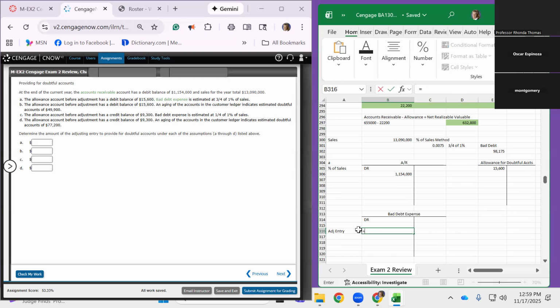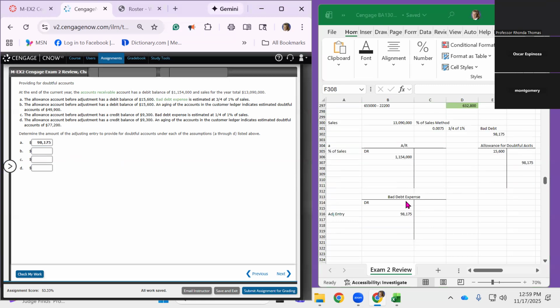So we found that bad debt expense is 0.75%. We took it times sales. So the offset is actually going to go right here. And it doesn't matter how much is in this account already, right? So when we use the percent of sales method, it doesn't change. You just put it in. So 98,175 is the first answer.